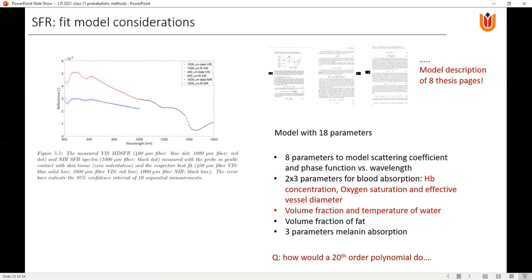So we have 18 parameters, and at some point we asked ourselves, okay, we are doing this whole physical modeling, trying to do it as best as possible. But at some point, maybe a 20th order polynomial would also work, and then maybe the polynomial coefficients would give you some information. Describing this model, which is the part he particularly does not like, took 8 pages in his thesis.